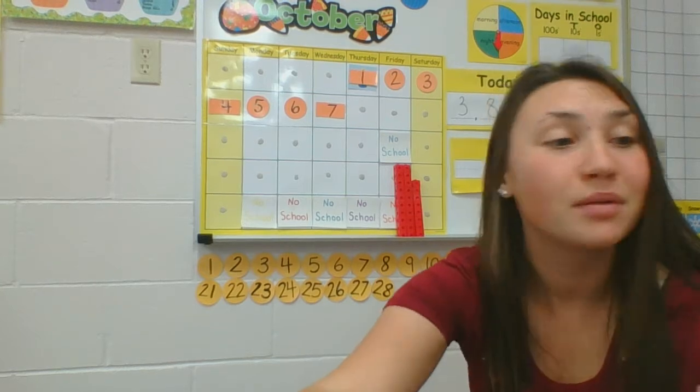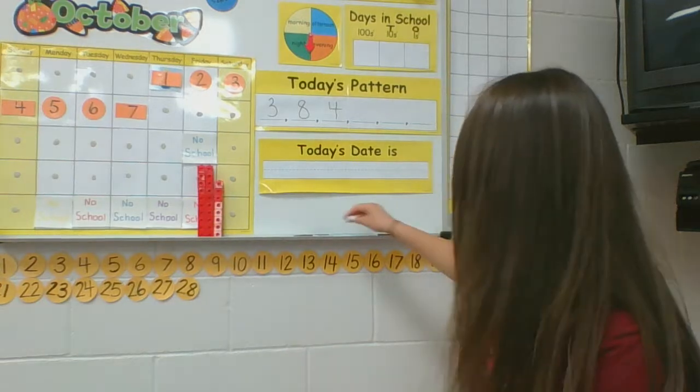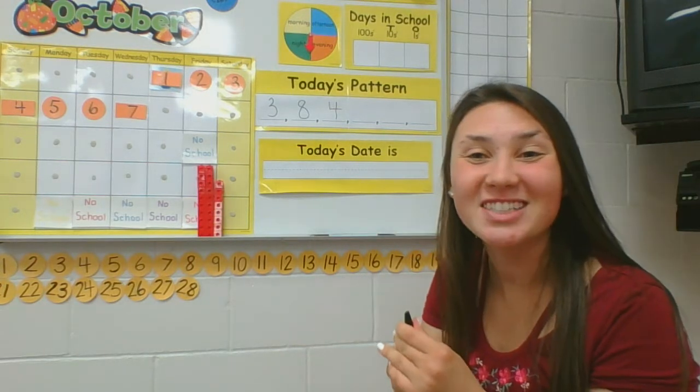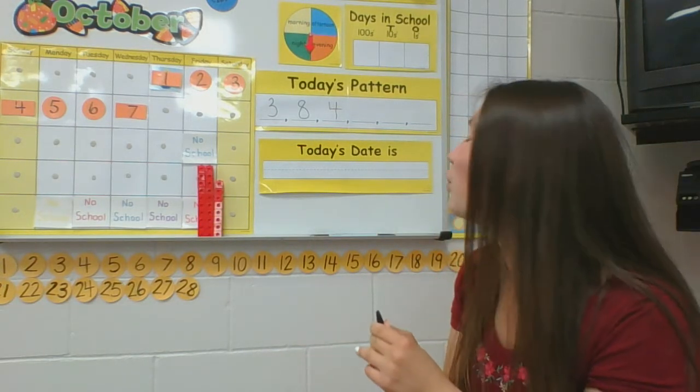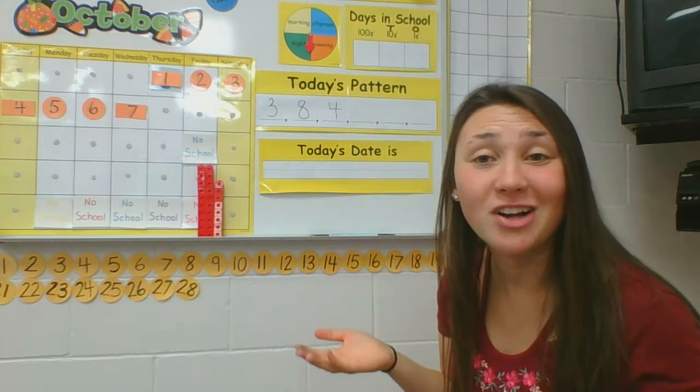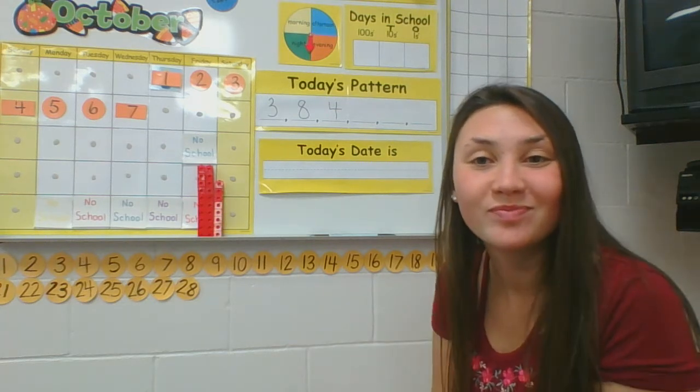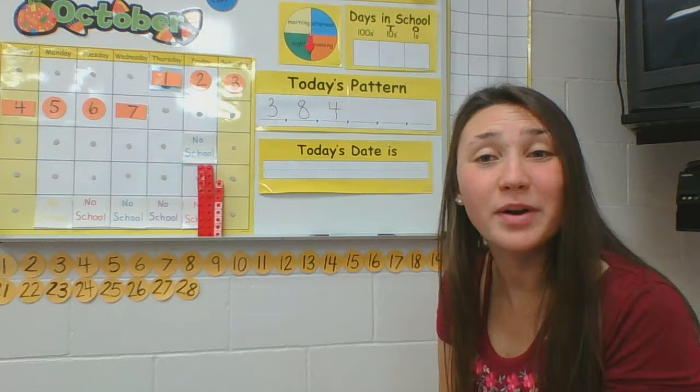So let's write our date. Now that we know that it's the 7th, let's grab our whiteboards or a piece of paper or whatever you have available, and we'll write our date for today. What comes first when we write our date? Yep, the month always comes first.